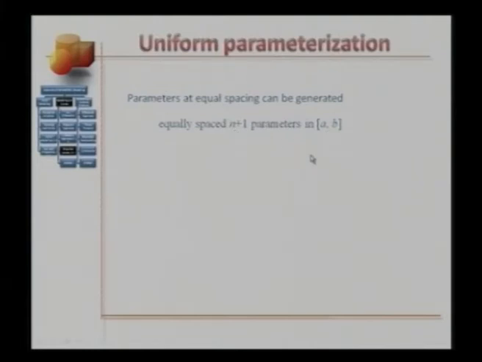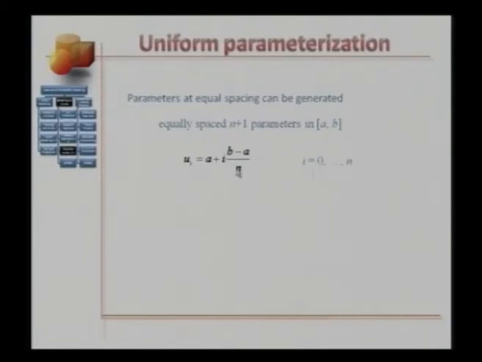How do we do this? Well, let's say our parameter values are given by u sub i, and they are equal to a plus i times (b minus a) over n. Here i is an index going from 0 to n.